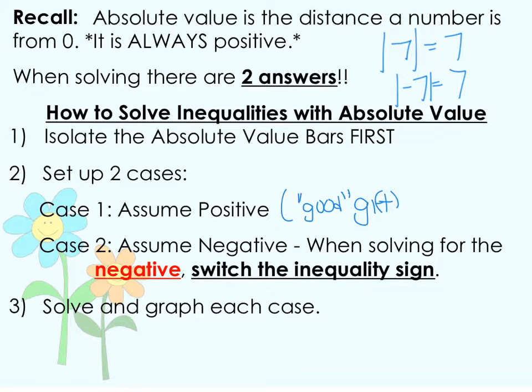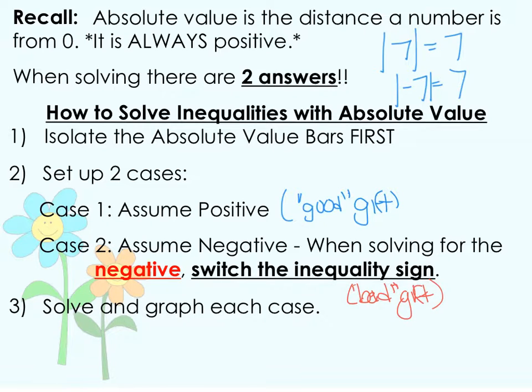Our second case that we're going to set up is we're going to assume what's in the absolute value is a negative number. So this is our, I'm going to make a note here, this is our bad or like icky gift kind of thing. These are quotes here, sorry.